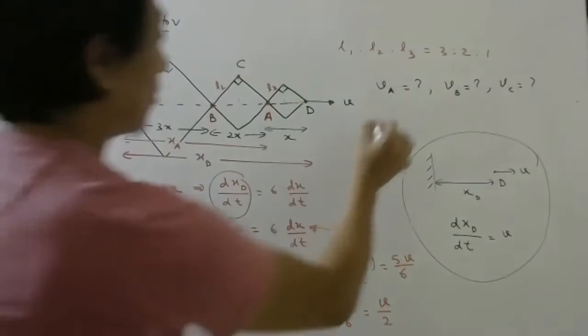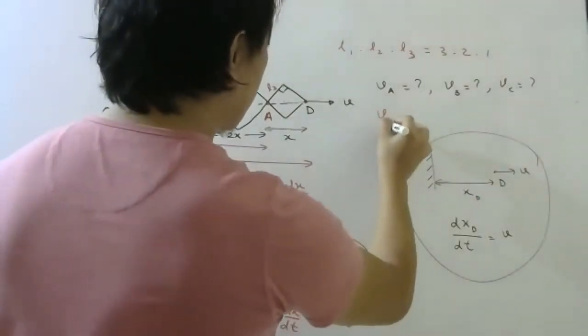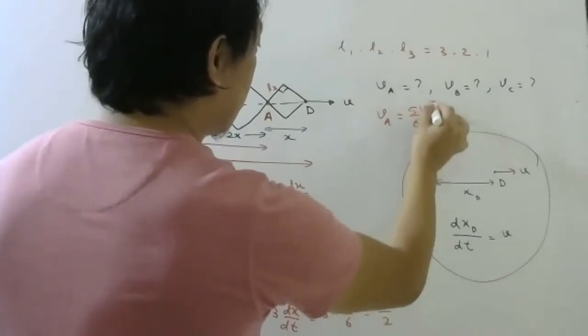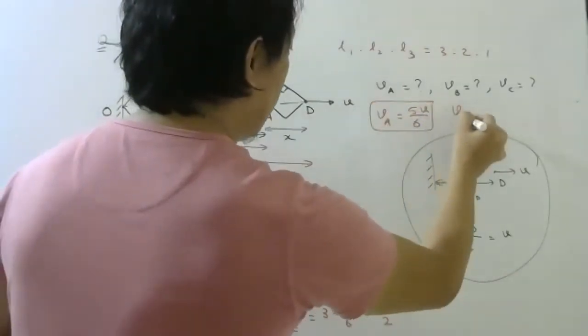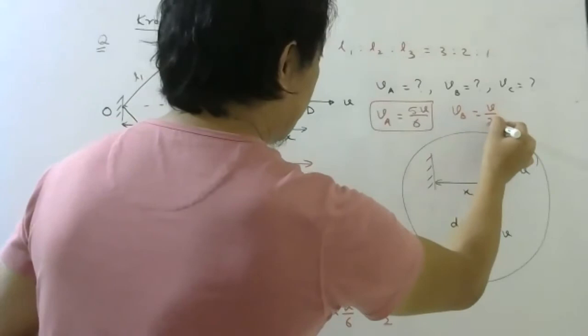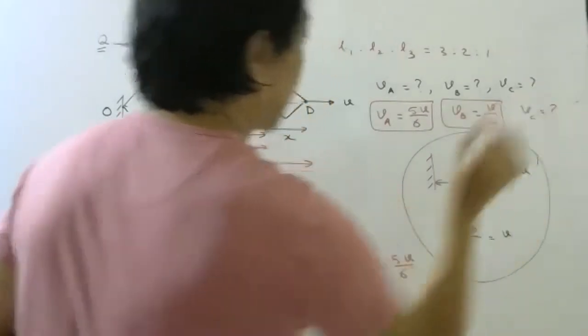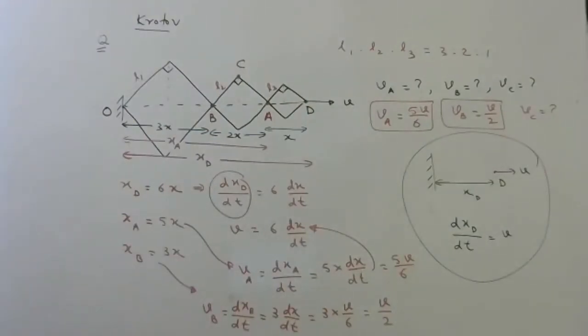So what is the answer for the first one? VA is 5v by 6 and VB is v by 2. Now we have to find VC. Write down.